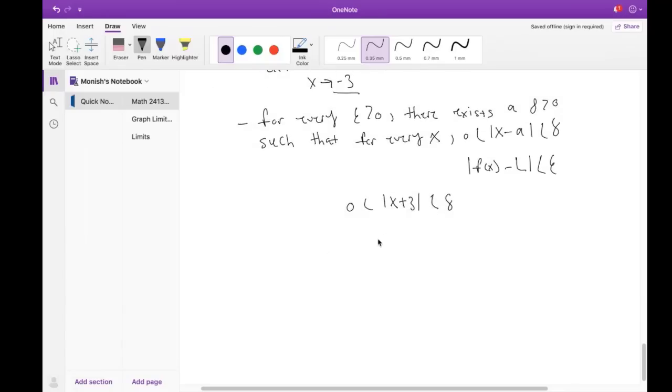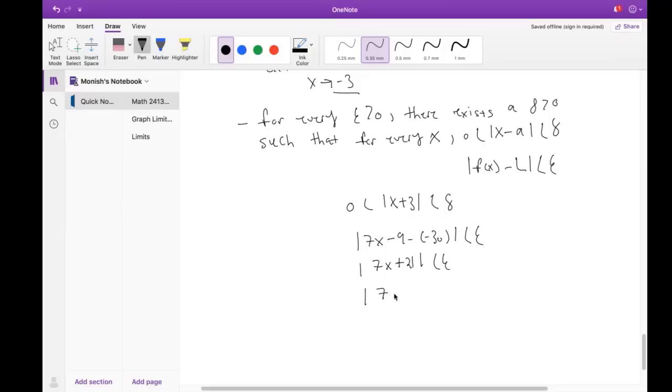And then if we plug in the f of x minus L portion, we'll get the absolute value of 7x minus 9 minus negative 30 is going to be less than epsilon. And this would simplify just to the absolute value of 7x plus 21 is less than epsilon.